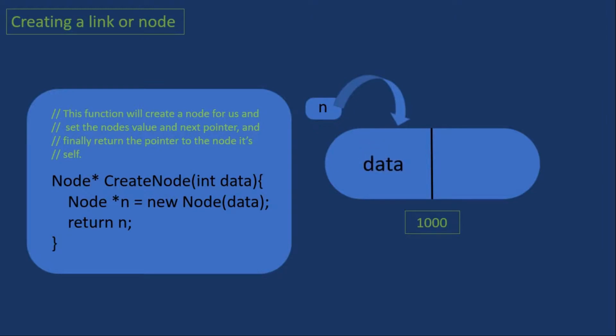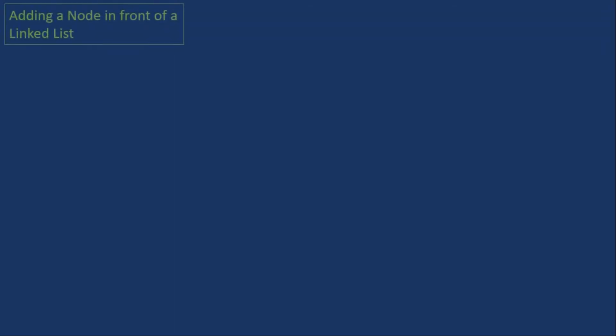And since the node constructor will initialize the data variable to the data we want to store and the next pointer to null, we don't have to do it manually. Finally, we return the pointer to the node, which is the pointer n, and it is equal to 1000 in this case.